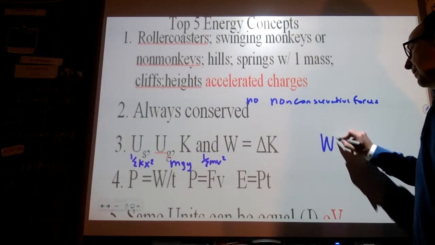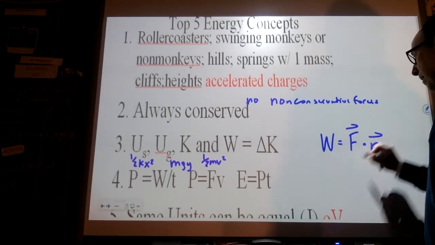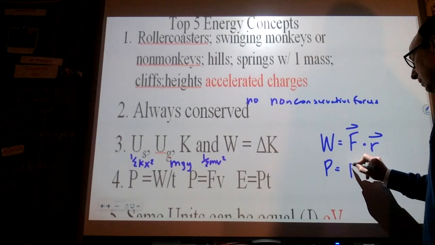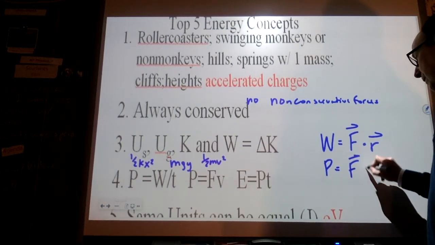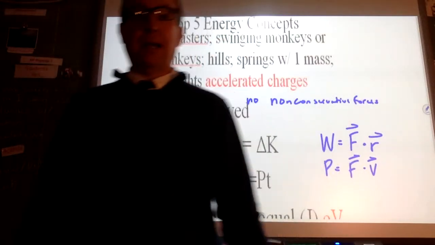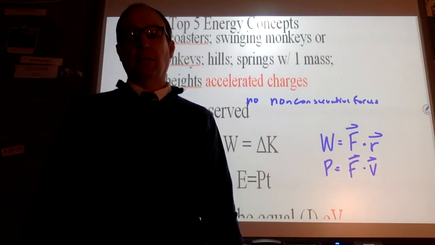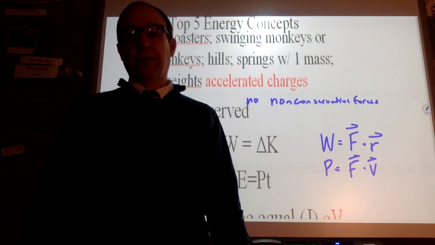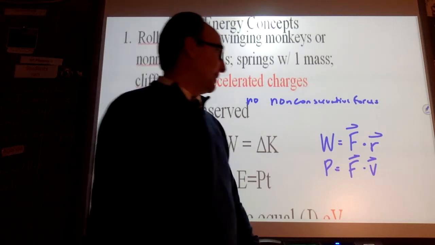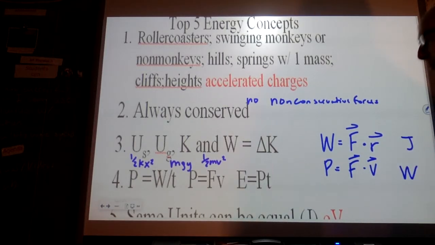And again, this is the dot product. So this is combining 2 vectors, parallel components, to get a scalar. And so our answers are always going to be in joules for energy and in watts for power.